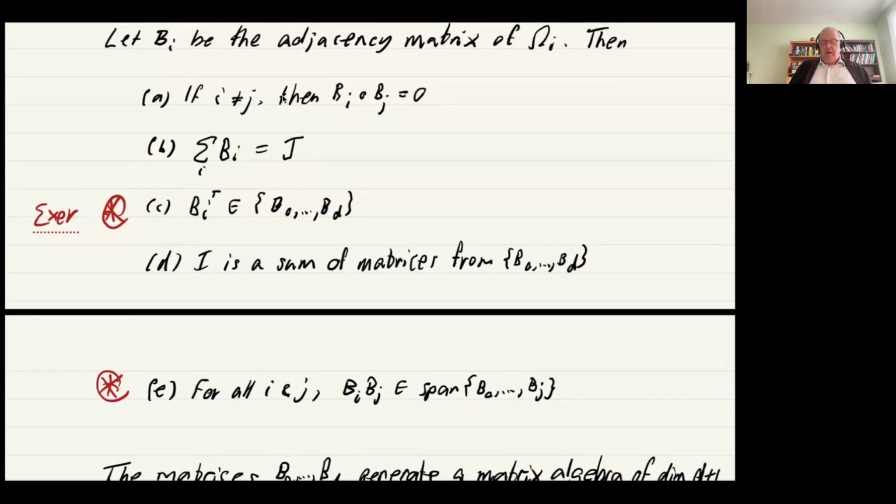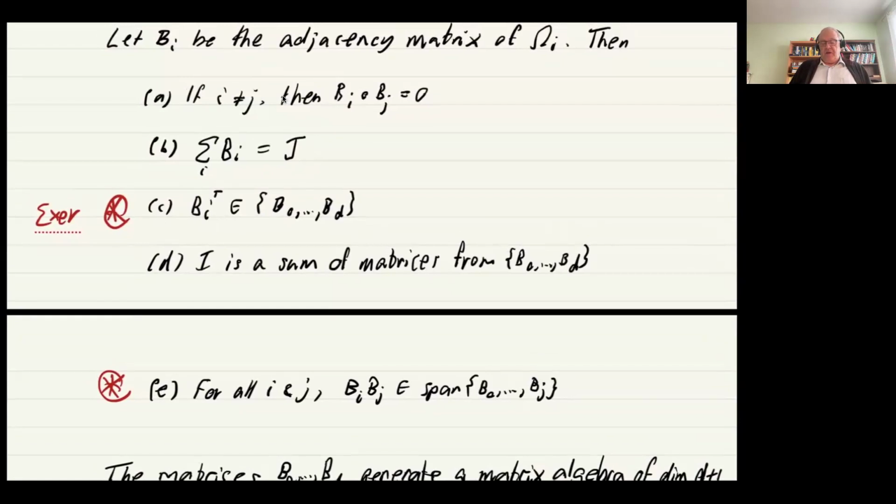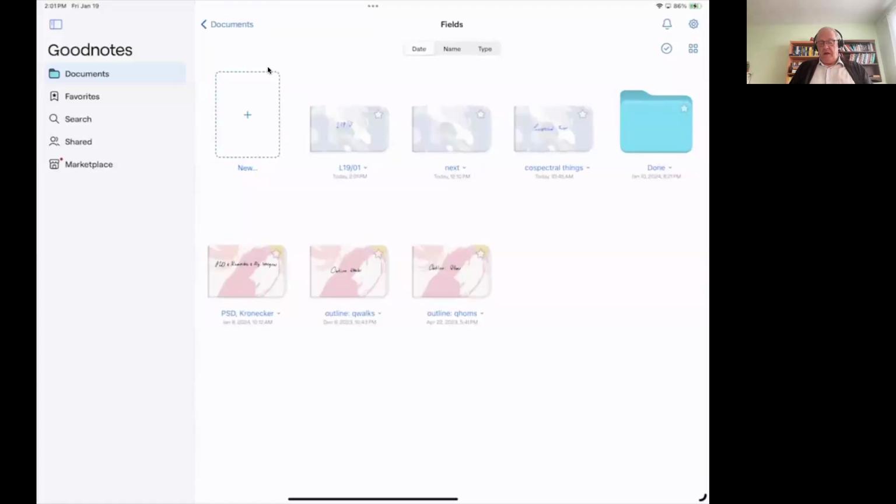Now, there are certain things you can say. If the original group is transitive, then I is one of the matrices in this basis.